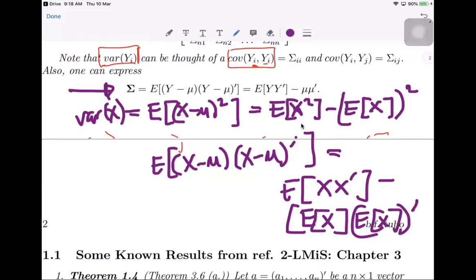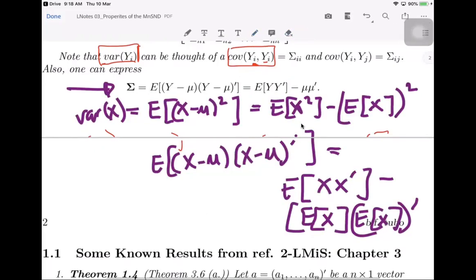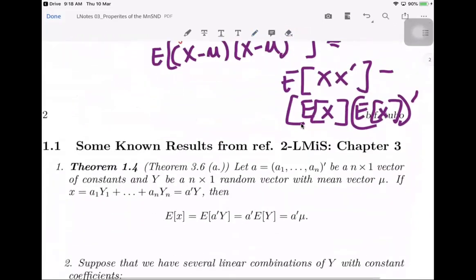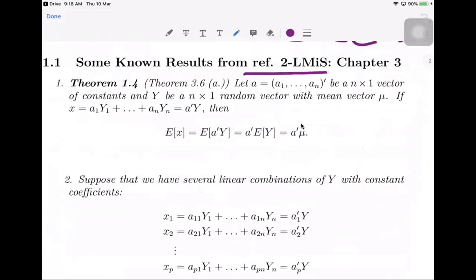Right. Okay. So I hope I'm understood with that. These known results which I selected will be useful when we prove later theorems and lemmas in Arnold.